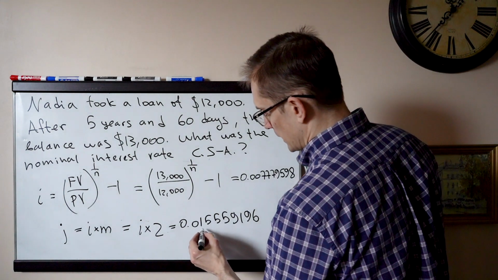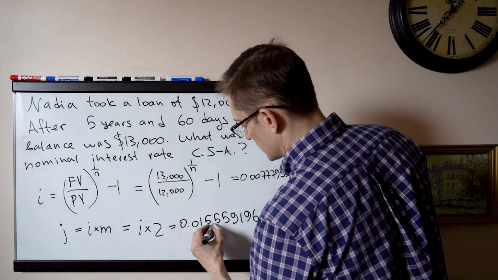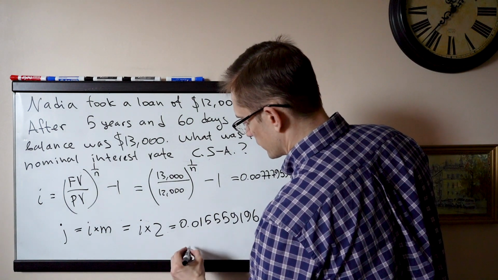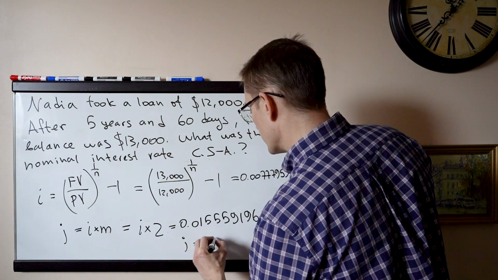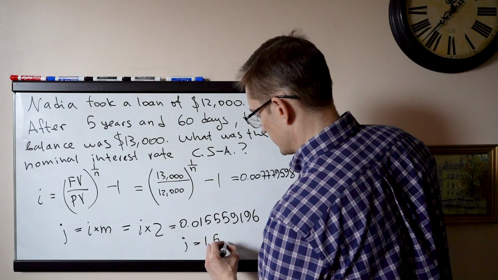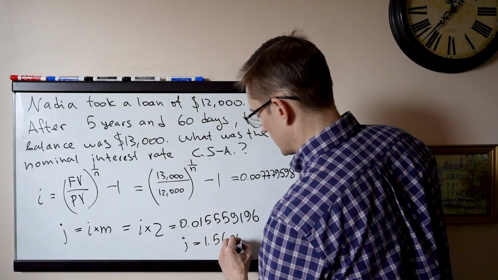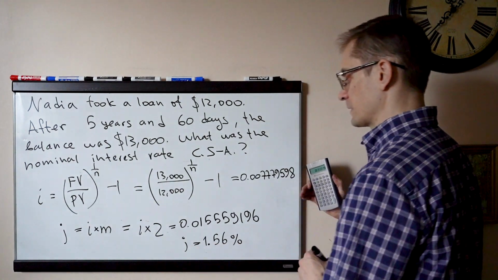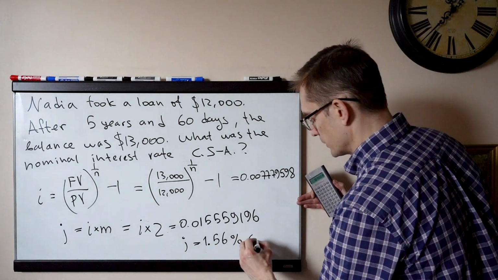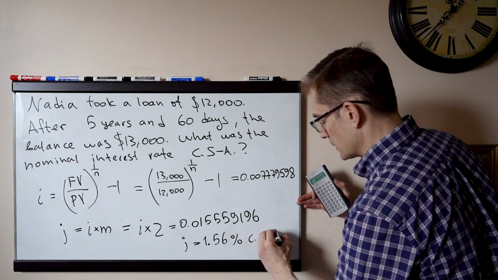And again, I will have to take 2 decimals for the percent rate. So J is going to be 1.56% compounded semi-annually.